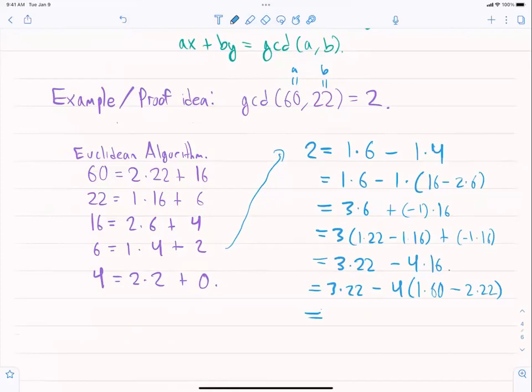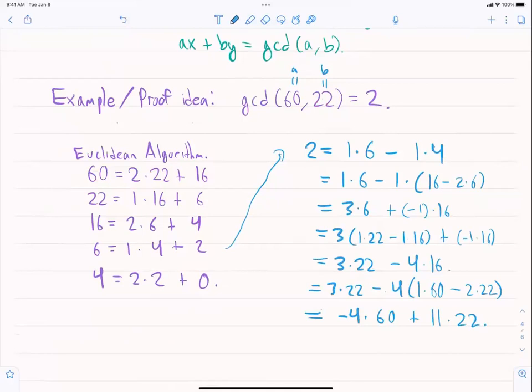Okay, and if we do this out and group them, I got minus 4 times 60, and then plus 11 times 22. That's minus 240 plus 242. So good, that still is 2.